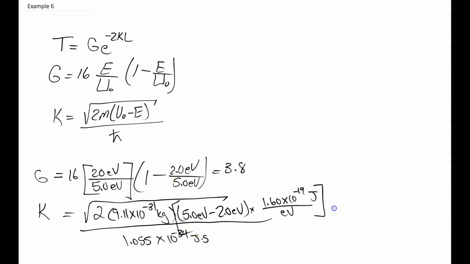And if we do that, we get 8.9 times 10 to the 9th per meter.